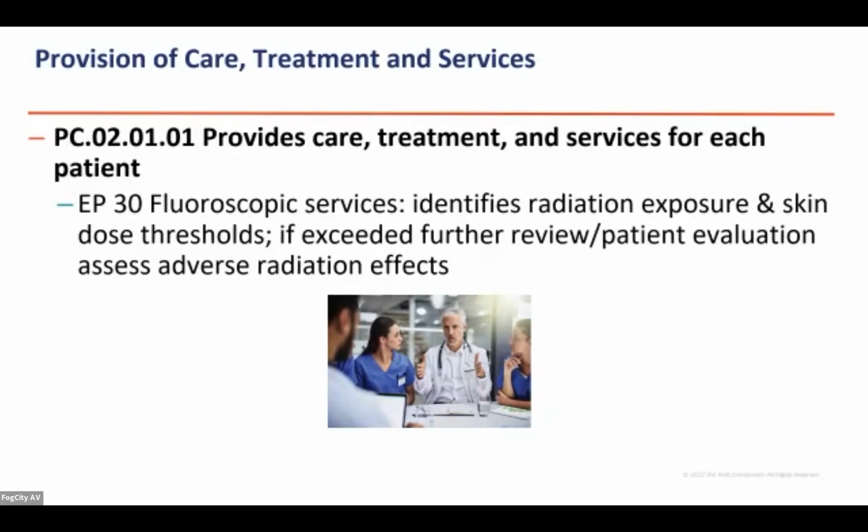So get these thresholds established, and if they're exceeded, then have a process that says what you're going to do. Going to bring the patient back and reevaluate them? Do you give them information to take to their physician? What are you going to do to see whether there are any adverse effects from that fluoroscopic exposure? Next slide.